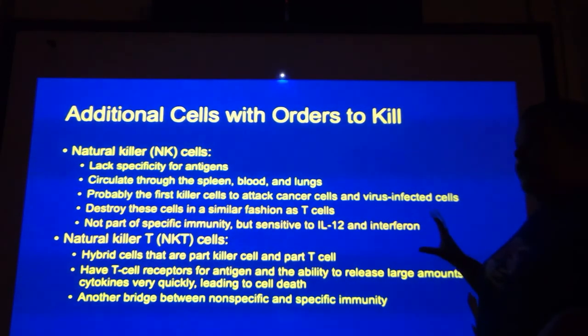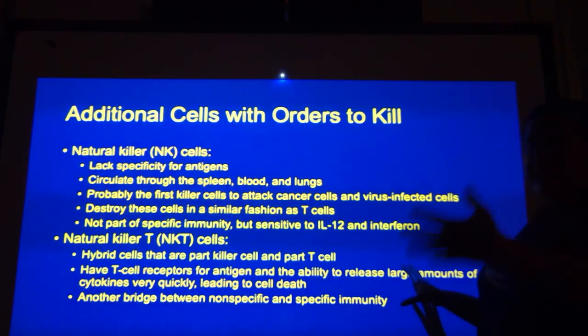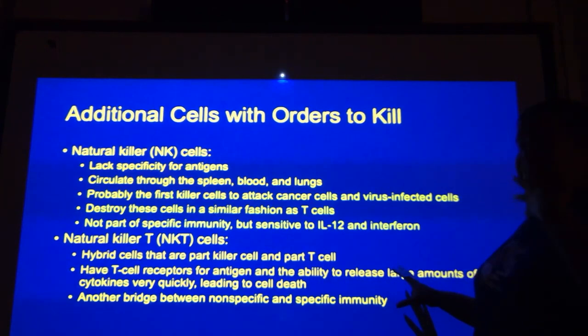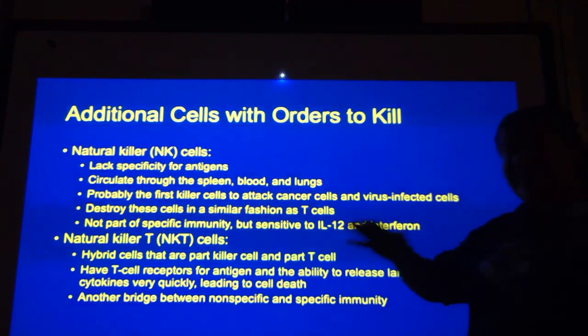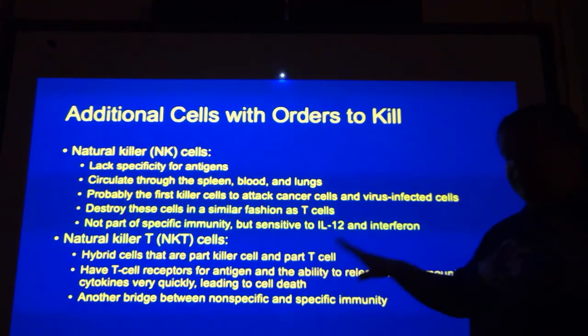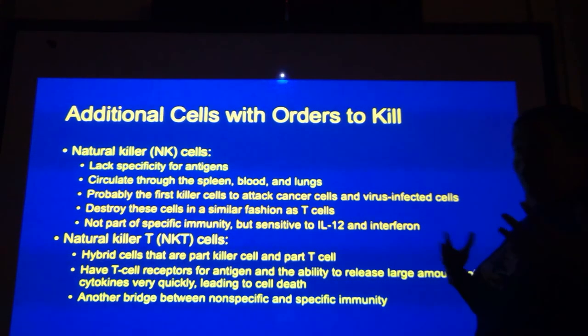But when you look at them, they're not the same as our cytotoxic T cells. They're not the same as our helper T cells. And because of that, we also consider them splitting the fence between non-specific and specific immunity. They're not necessarily one or the other.